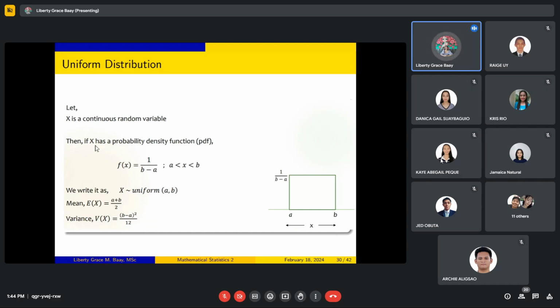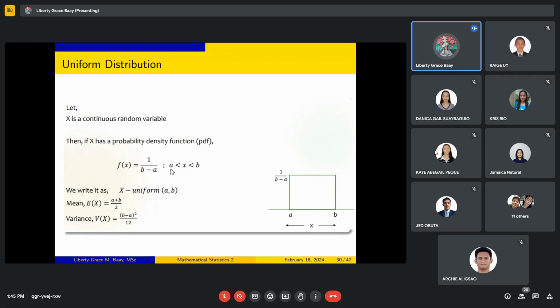So we have x with a PDF of this form. The f of x is equal to 1 over b minus a, where x is in between a and b, greater than a and less than b.